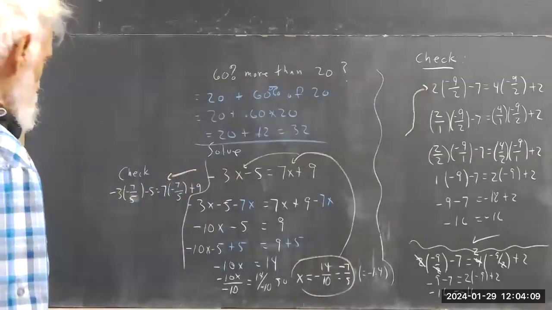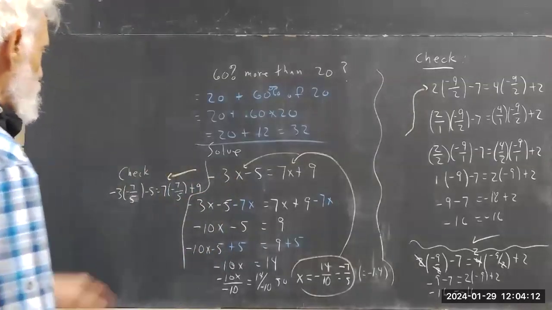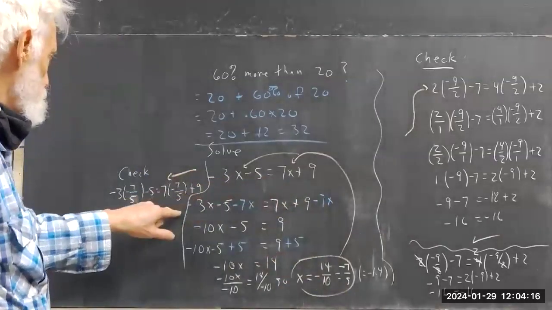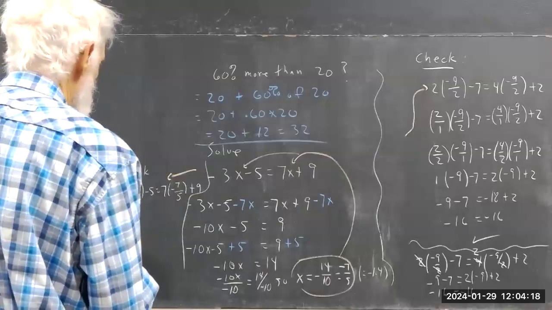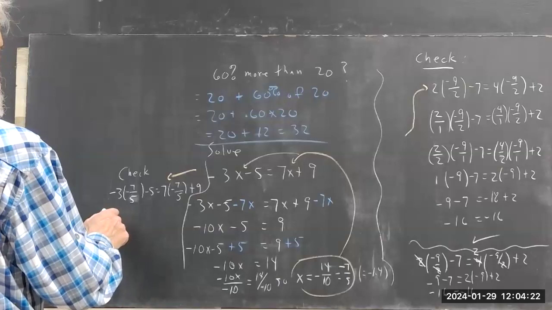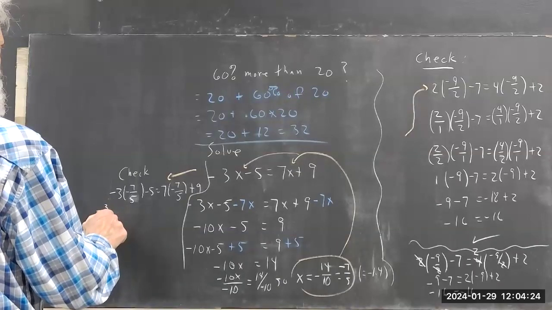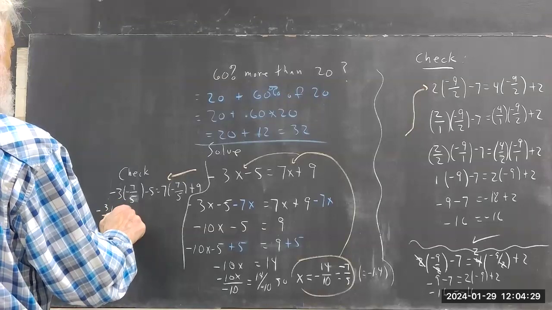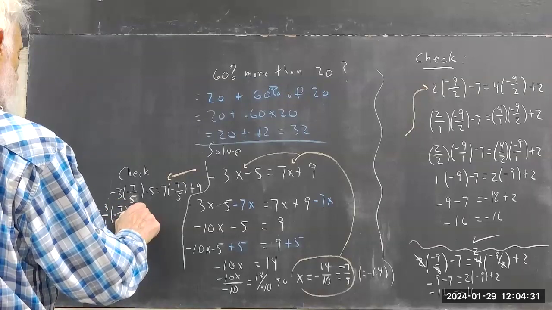And it made myself a lot of room there, but there it is. Each x has been replaced by negative 7/5. Not more detail than maybe is necessary, but I'd rather have overkill than underkill.